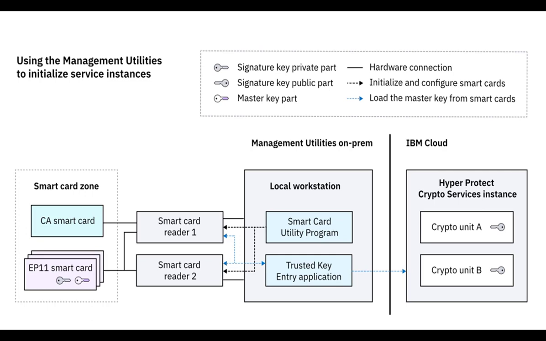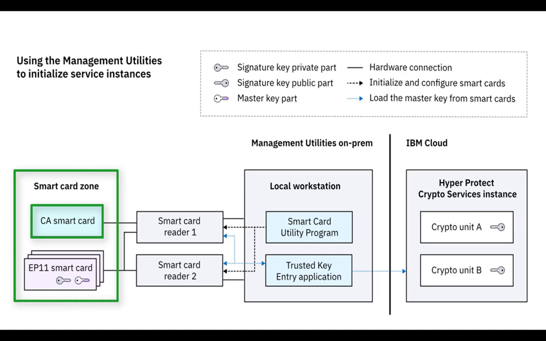The smart card utility program lets you create 2 types of smart cards, a CA or Certificate Authority smart card and an EP11 smart card. The CA smart card defines what I will call a smart card zone. A smart card zone is a set of smart cards that are cryptographically tied together. A CA smart card is needed to create the EP11 smart cards.